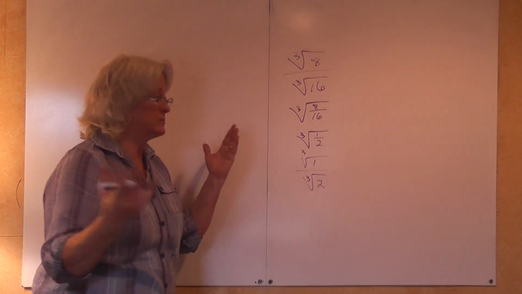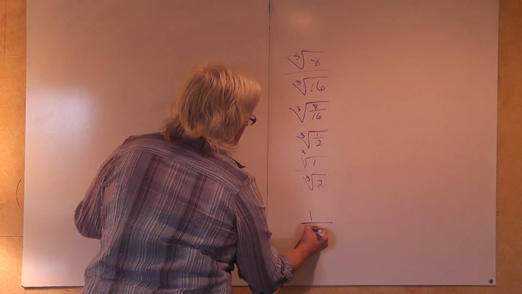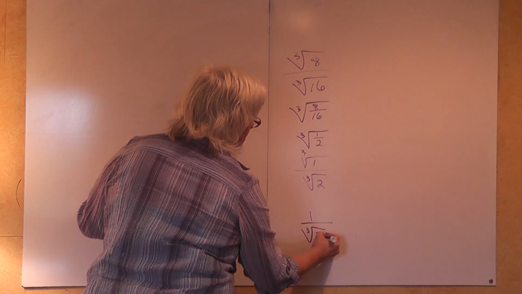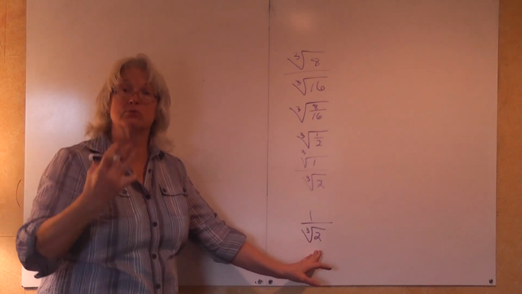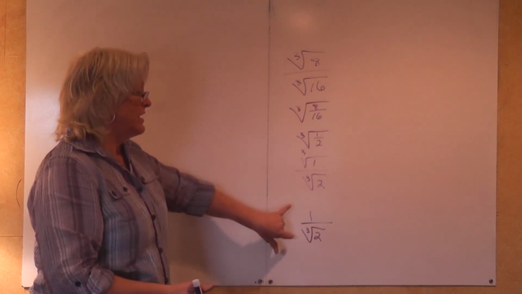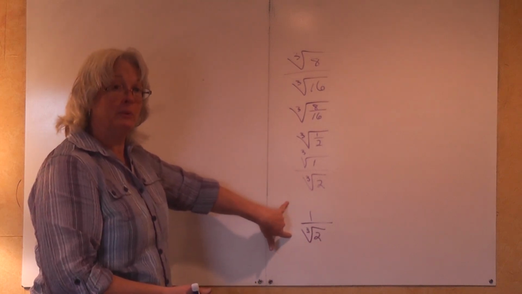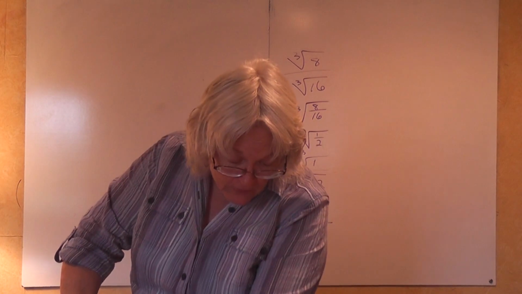Cube root of 1, 1 times 1 times 1 is 1. You cannot find the cube root of 2. Plus we have a denominator here that has a radical symbol in it. In order to rationalize it, that radical symbol may not be in the denominator. So what are we going to do now?